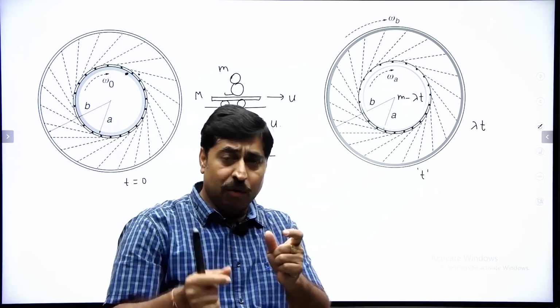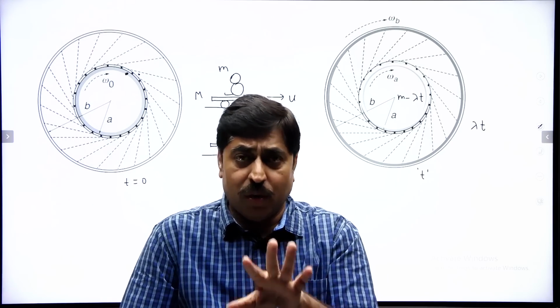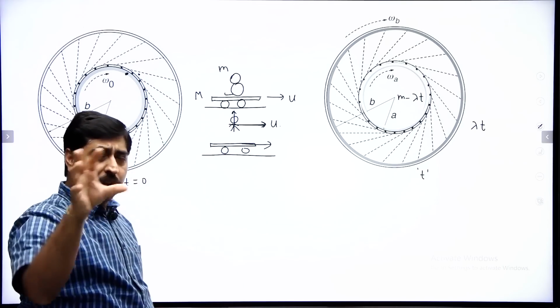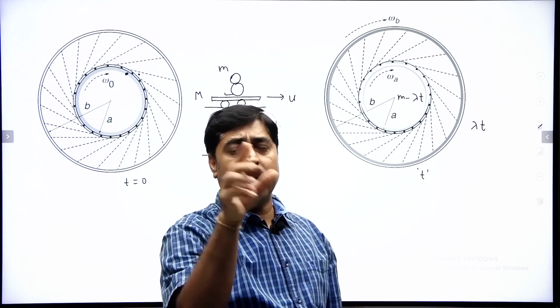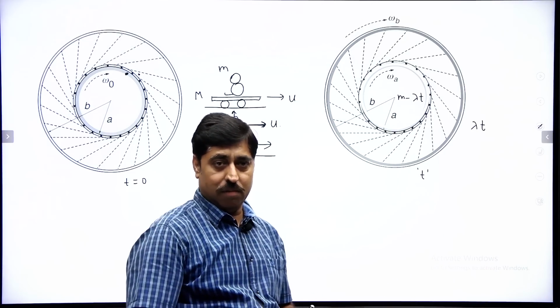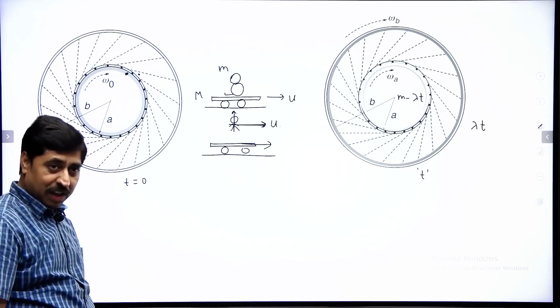In these two scenarios, the angular momentum of that particular particle has not changed. You have to understand that. So if the angular momentum of the thrown-out sand particle has not changed, why will the angular momentum of the drum change as such? There is no way. It should not change.